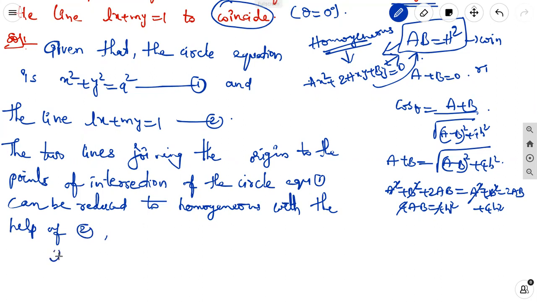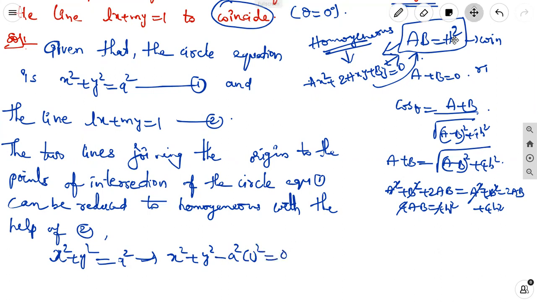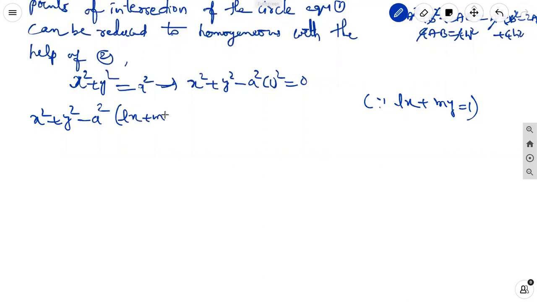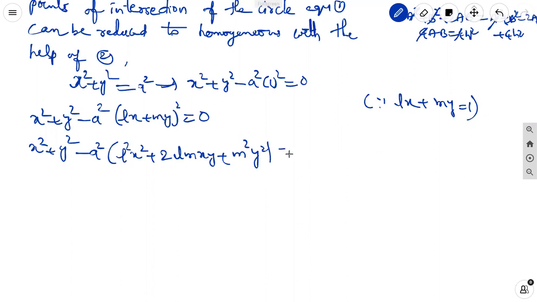Then x square plus y square equal to a square. From this, x square plus y square minus a square into 1 square equal to 0. Here 1 is nothing but lx plus my equal to 1. We can substitute: x square plus y square minus a square into (lx plus my) whole square equal to 0. Same as the previous problem, x square plus y square minus a square into (l square x square plus 2lmxy plus m square y square) equal to 0.